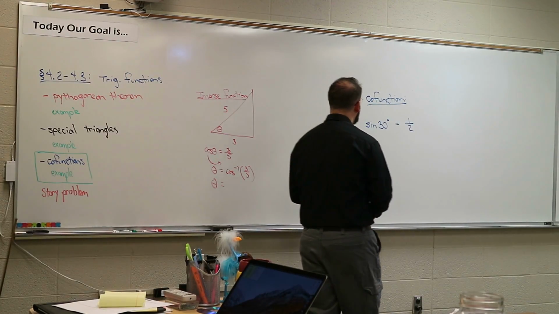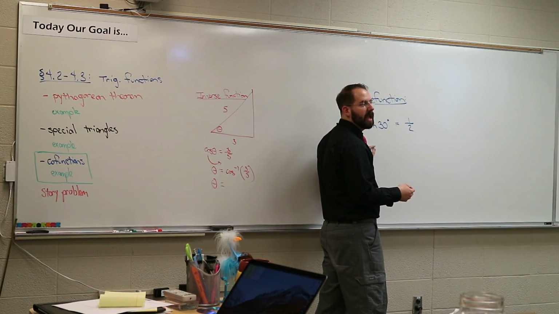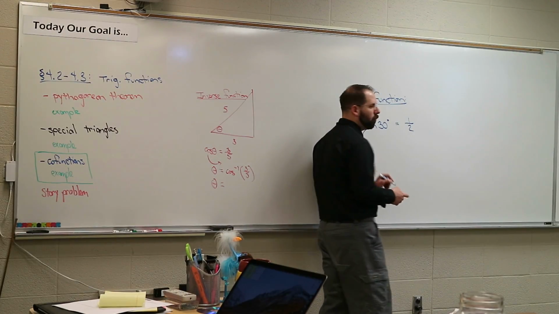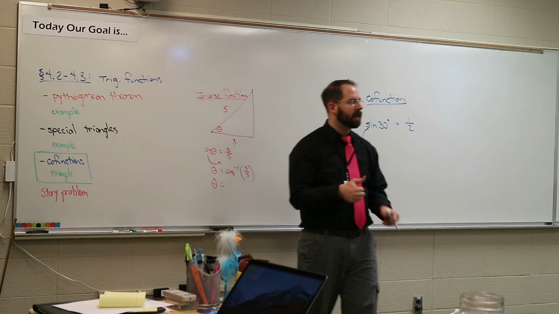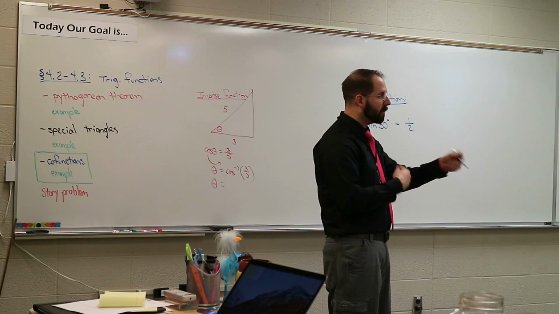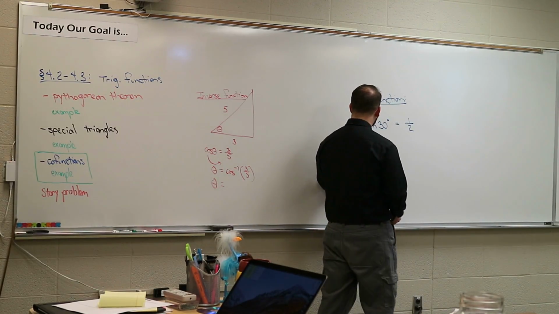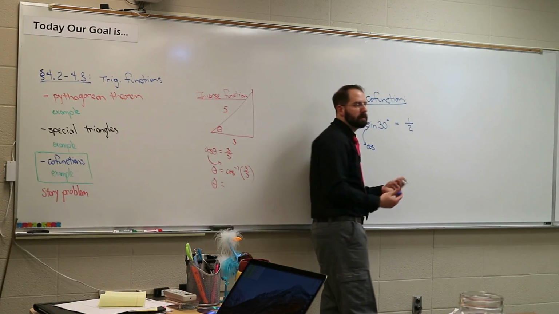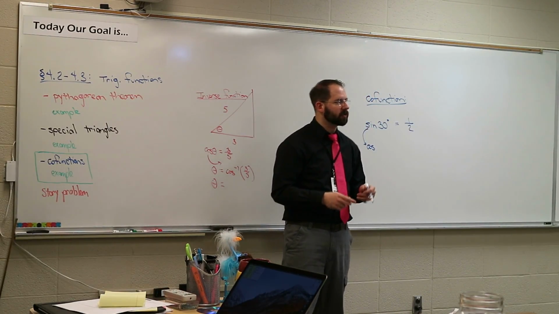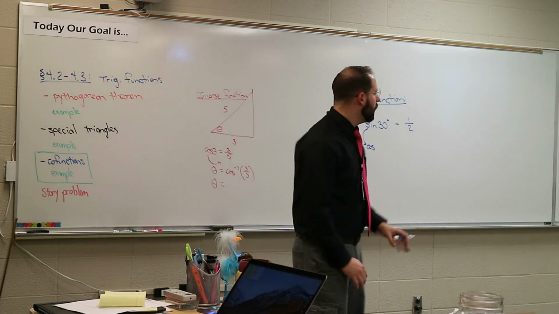Every trig function has one that it is paired with, that when you type it in the calculator, will give you the exact same result. Not a reciprocal, not an angle, but the same exact answer. Sine and cosine are always paired together. They're like the main two trig functions everyone always thinks of, right?